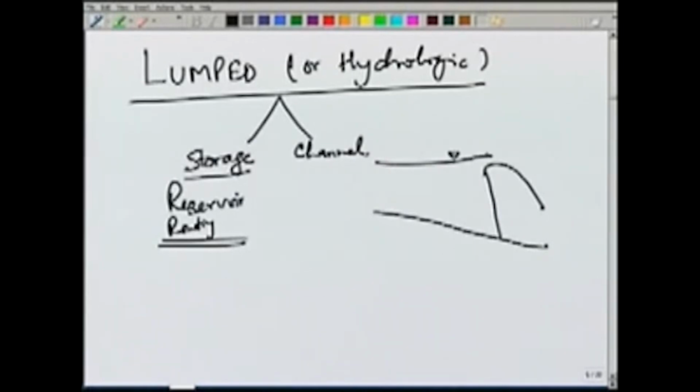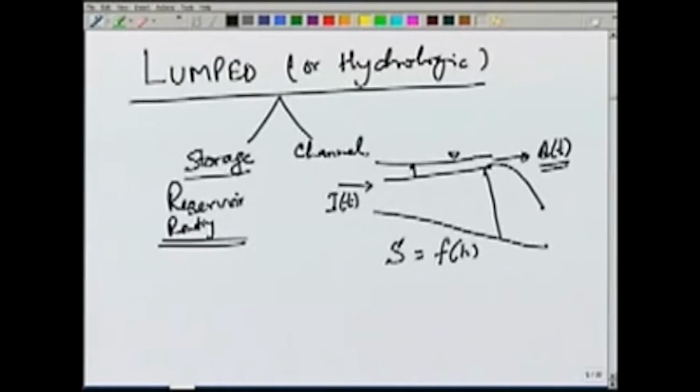water is stored up to a certain level and there is some flow coming in, I t is the input, and then the outflow can be written as, let us say, q t, and we want to find out how the outflow is changing with time. Storage in the reservoir let us denote it by S. S will of course depend on the height of flow in the reservoir.